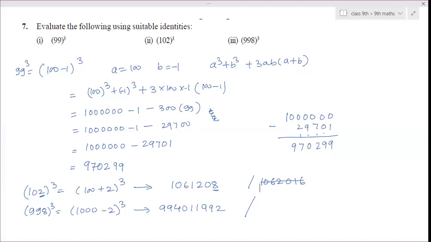Let me check that. 99401192. This is the right answer. Whatever is written, that is the right answer. So somewhere you have made a calculation mistake.